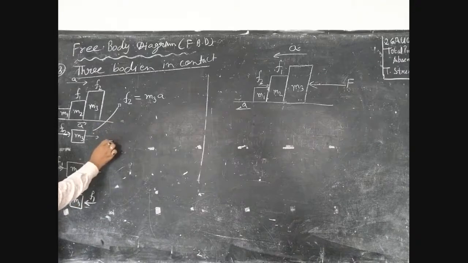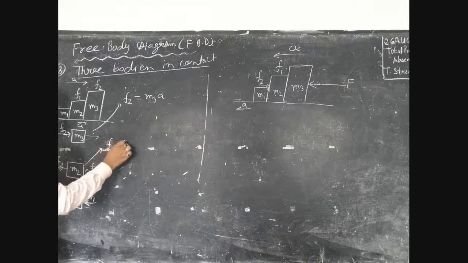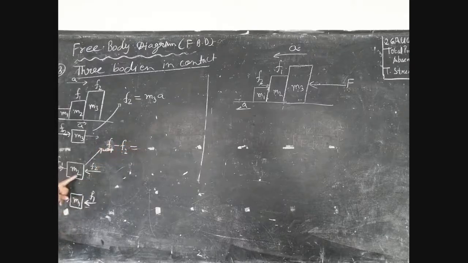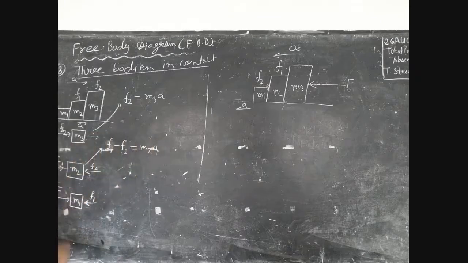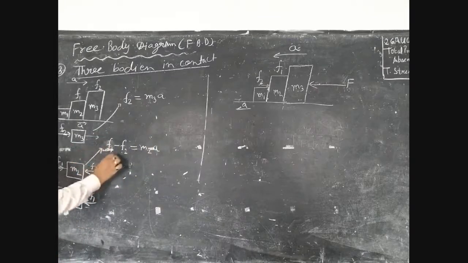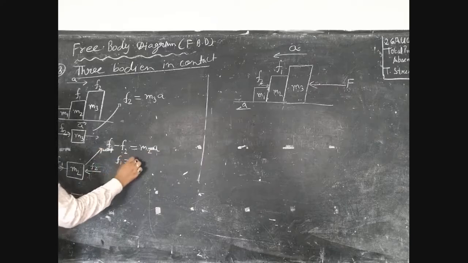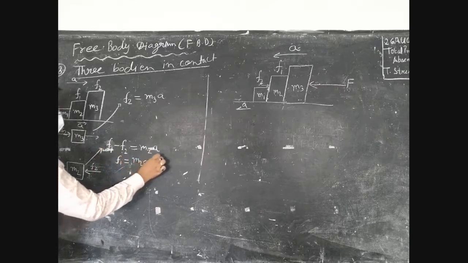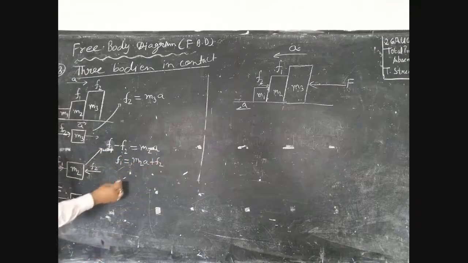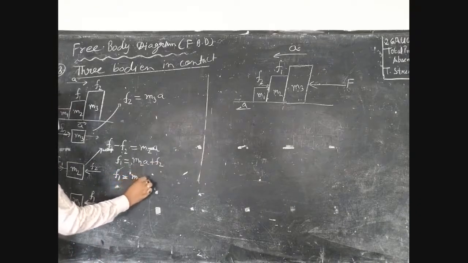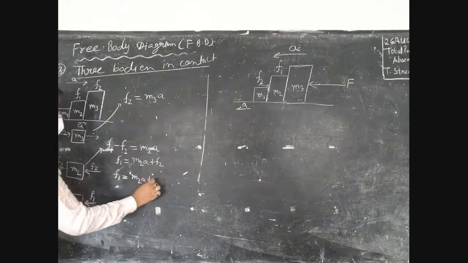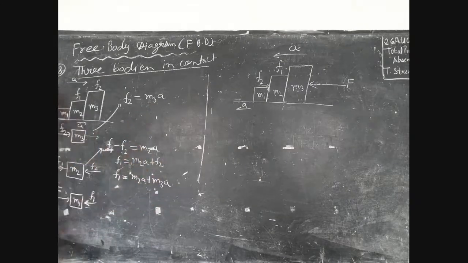F1 is greater than F2, and net force is equal to mass of m2 into acceleration. Solve it. So F1 is equal to m2a plus F2. Use this result. This F1 is equal to m2a plus m3a. Understood?